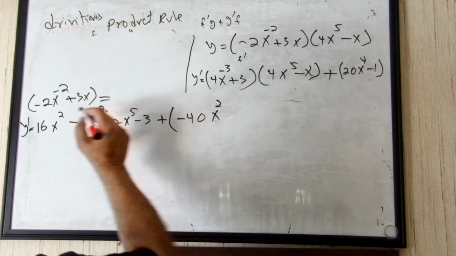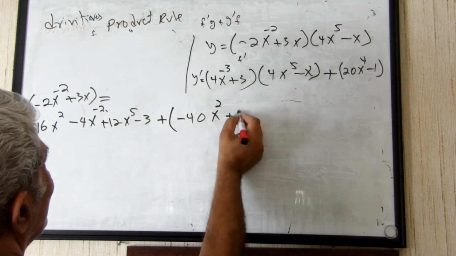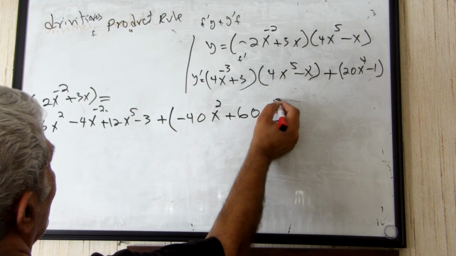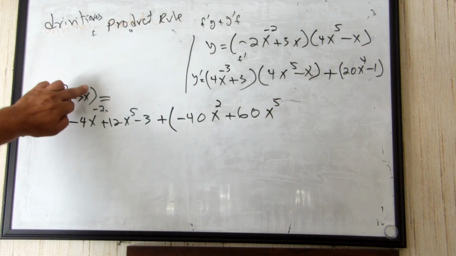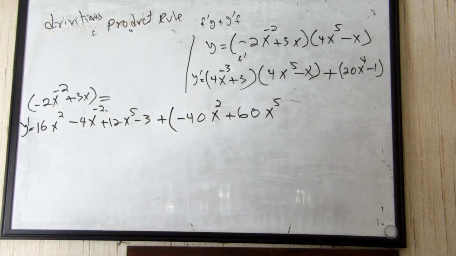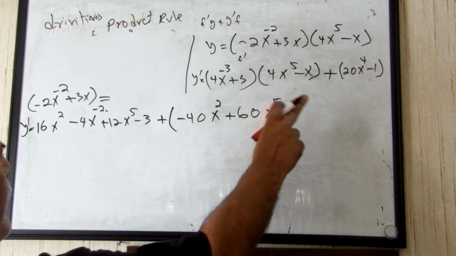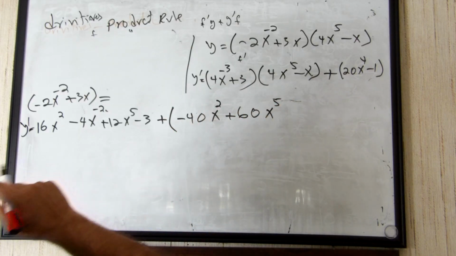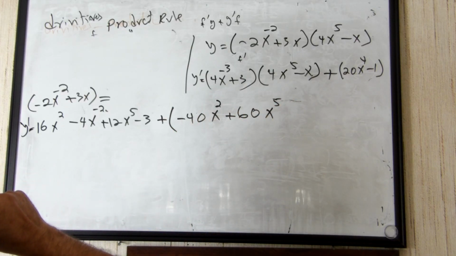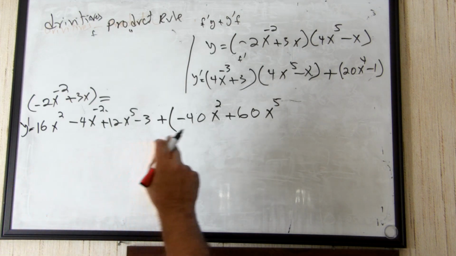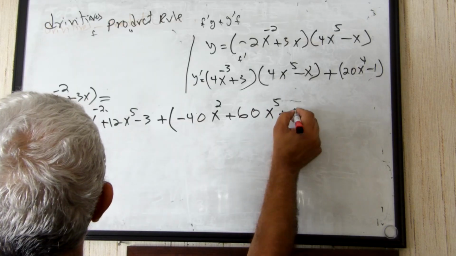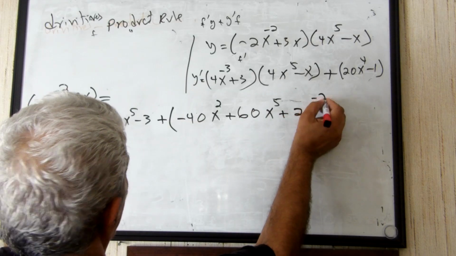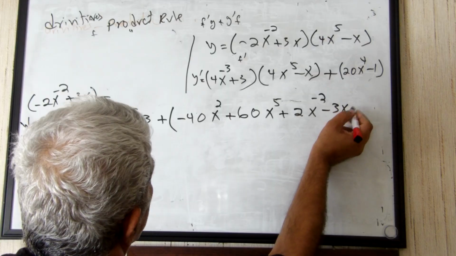And then this one times this, plus 60x^5, because we are going to add these exponents together, x^1, x^4, it's going to be x^5. Okay? And then we have minus 1 times this, which is going to be plus 2x to the power of minus 2 minus 3x.